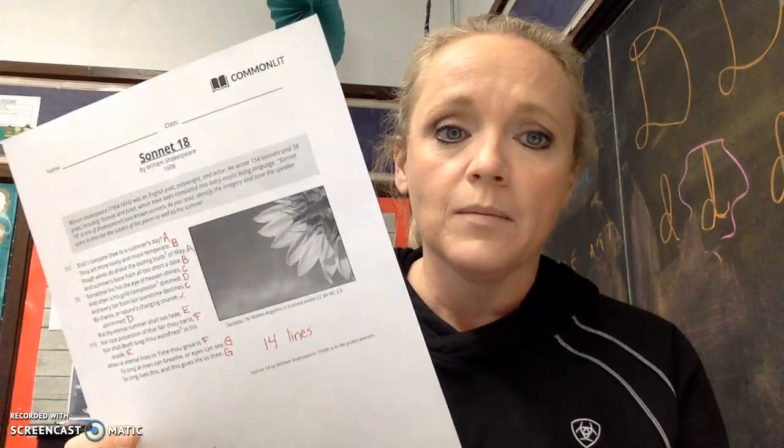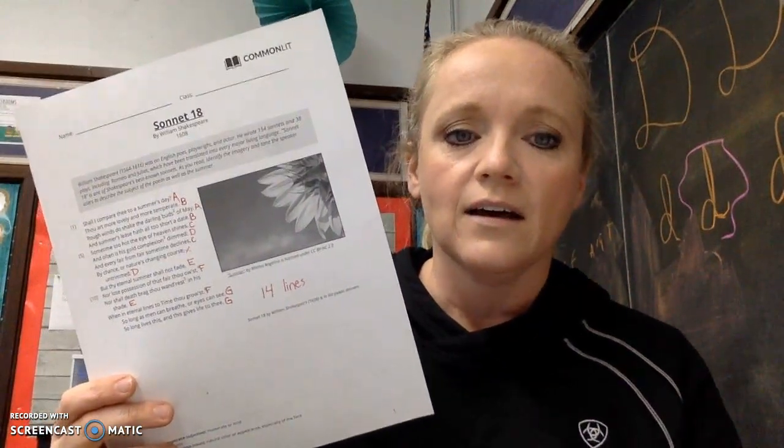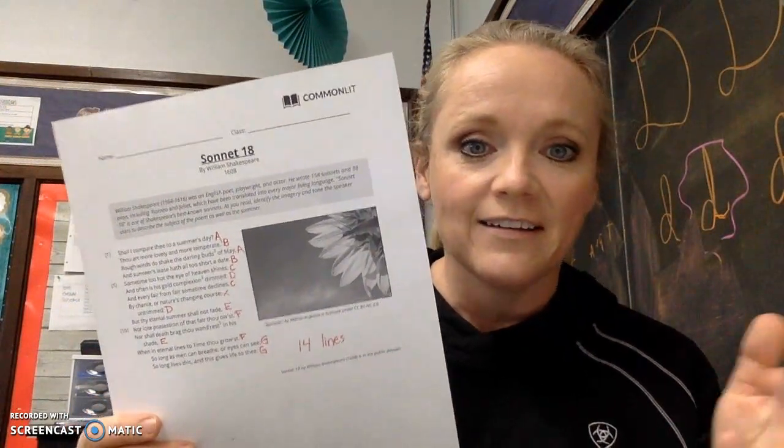It's also mentioned that this is a love poem. He's comparing his love to a summer's day, and then he goes on to say that, well, sometimes the summer can fade, and obviously, if you think about it in terms of life, your adulthood is summer, and then in the fall, you're starting to get old, and then in the winter, you get really old and die, and then in the spring, it's a baby, so it's kind of the seasons.